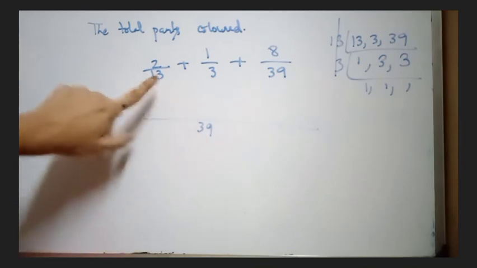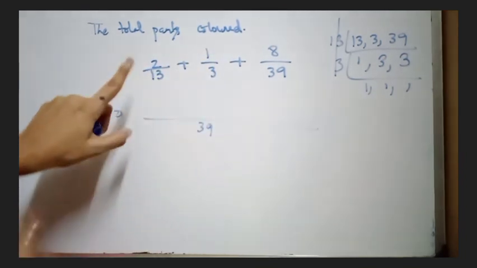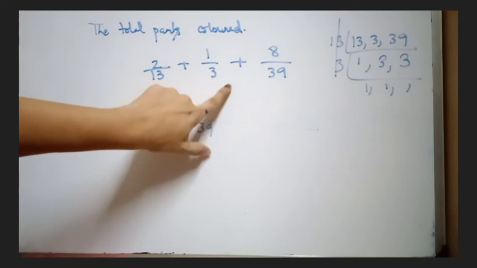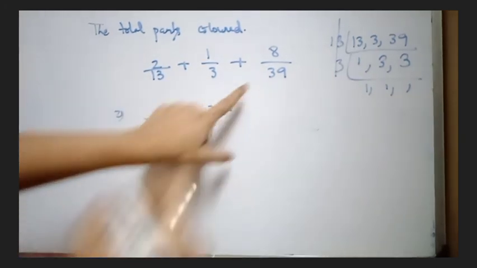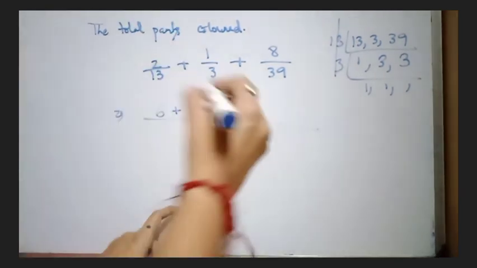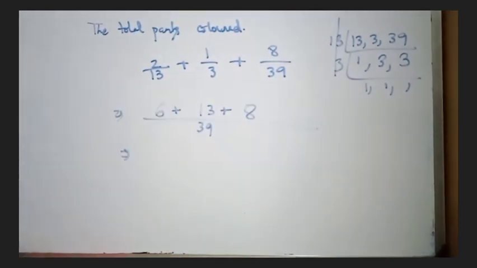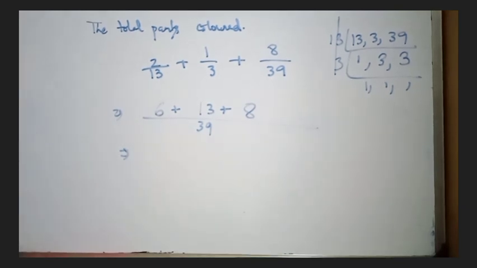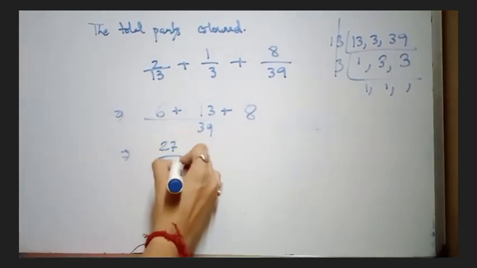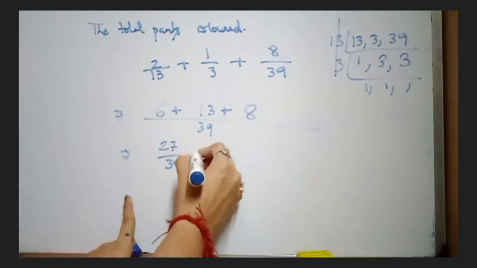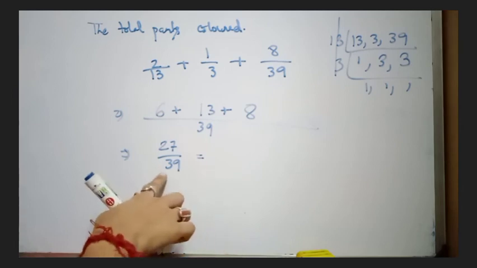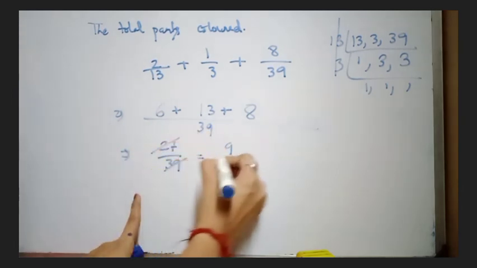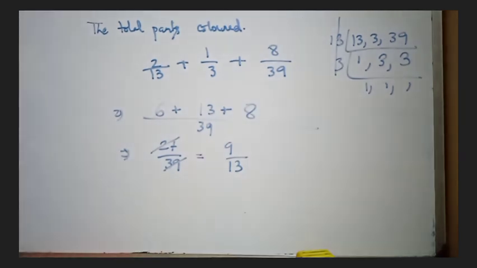Now dividing 39 by 13, we get 3, into 2 is 6. Dividing 39 by 3, we get 13. Dividing 39 by 39, we get 1, into 8 is 8. So here we get 13 plus 8 plus 6, that is 27 by 39. Now we can divide it by 3, so this will be 9 and this will be 13. So 9 by 13 is the total part that has been colored already.